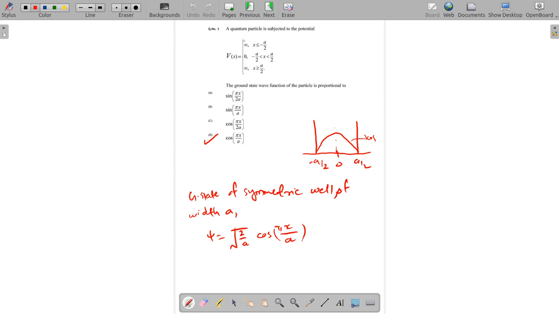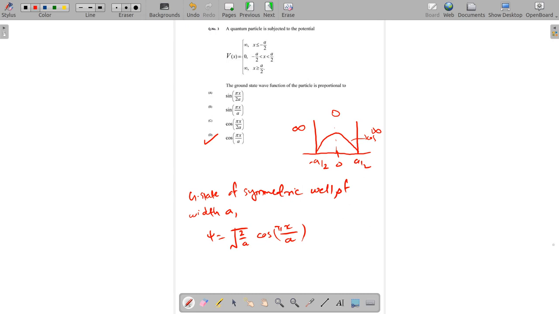Next one, a quantum particle is subjected to a potential. It's basically a particle in a box. You have infinite potential outside and zero potential within minus a by 2 and a by 2. It's a symmetric well about the origin. The question is, the ground state wave function of the particle is proportional to what? Here you know that it's a cos function if it is a symmetric well.